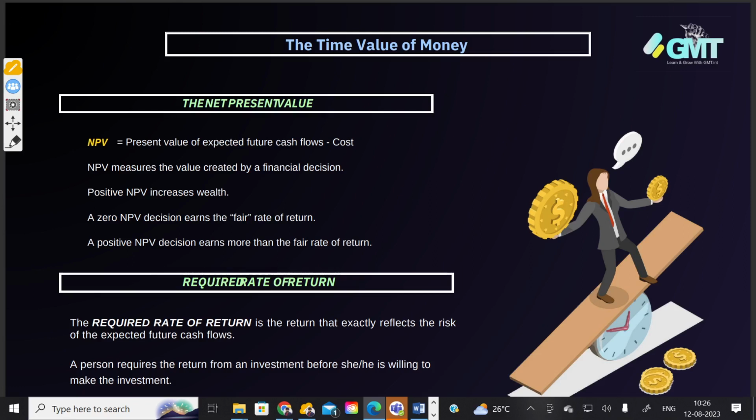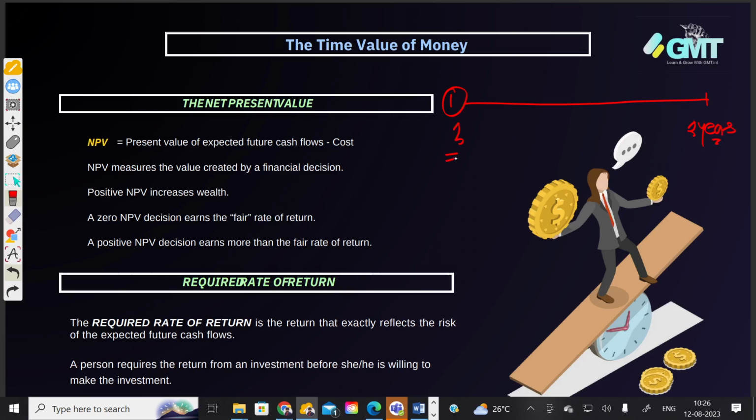Time value of money means, for example, if you invest 1 rupee here for 1 year, you will receive 1.10 rupees, or 1 rupee 10 paisa, after 1 year.